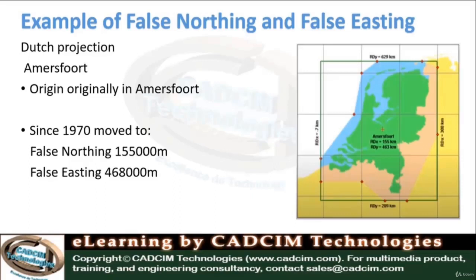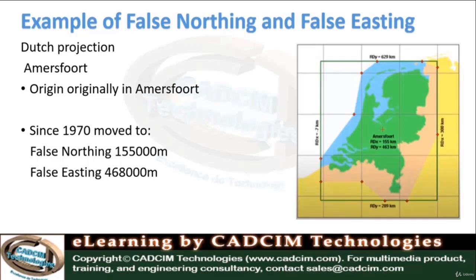I have already mentioned false northing and false easting. What it means is best illustrated in the Dutch projection which is called Amersfoort. Originally, the origin of this projection was a church in Amersfoort, a city in the center of the Netherlands. However, there was a problem for the people using it offshore, like the Navy, because they had to deal with negative values.